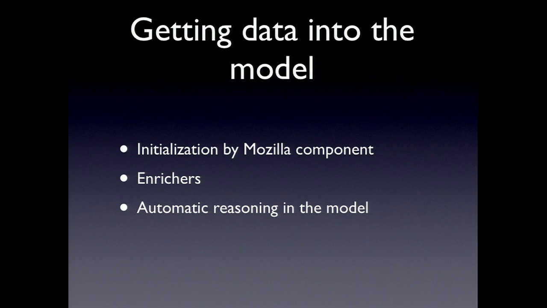These are little programs in different languages, so we can have them in Java, in Ruby, in other languages, that just add additional facts into the model. They retrieve some visual objects from the model, find some relationships between them, and write additional information back into the model. And since this is a triple store, we can do some automatic reasoning that can help us.